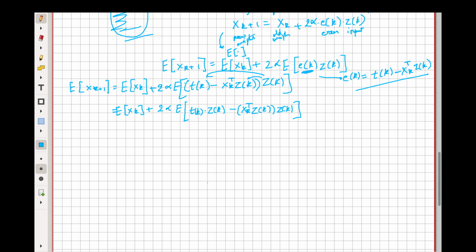Now because the expected value of a difference is the difference of expected values, we can split this into two separate brackets, which gets us E[x_k] plus 2 alpha E[t_k z_k], that's one, breaking this here, minus E[x_k transpose z_k], and then we have the z_k that's outside here.